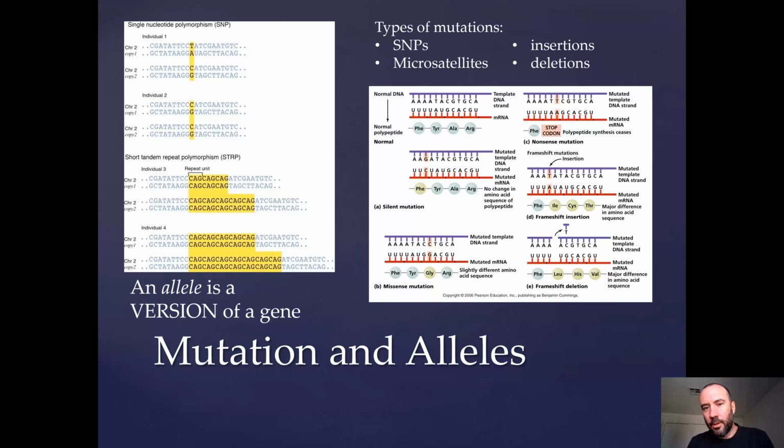Okay, so we're picking up where we left off last time in our introduction to genetics and inheritance, followed by evolution. We've talked about different alleles, and let me just remind you that an allele is a specific version of a gene. So everybody has the same genes.